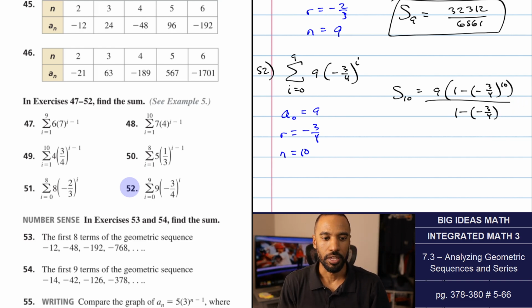Yeah, let's do the calculator thing, just like we did before. I'm running out of inventive ways to go about problems, personally. 9 times 1 minus negative 3/4 to the 10th power divided by... Now, listen, if you know minus and negative is adding, that's great. But I need to talk about one more thing with this as well before you accidentally do that when it doesn't apply.